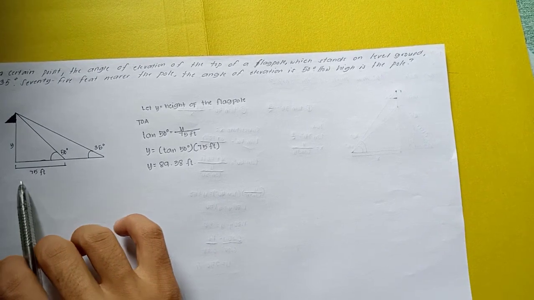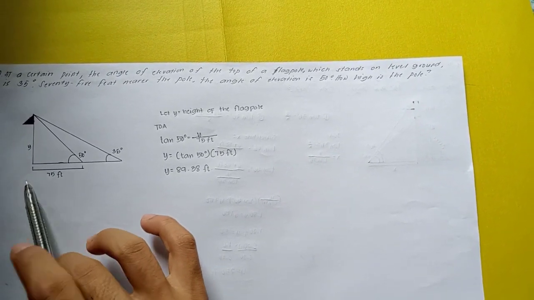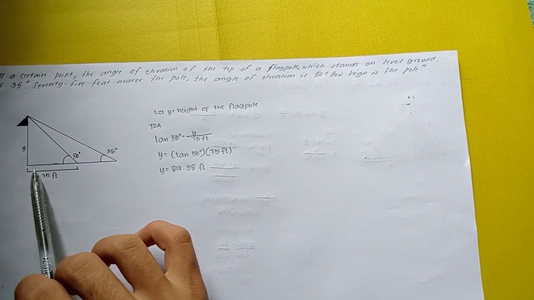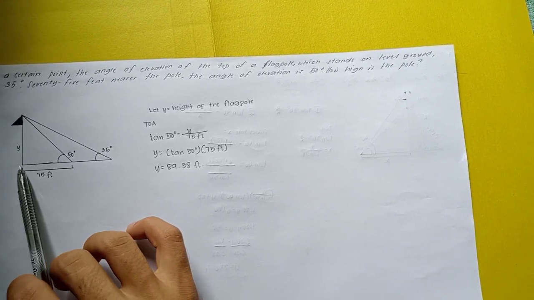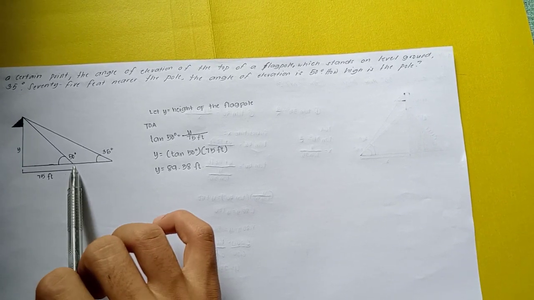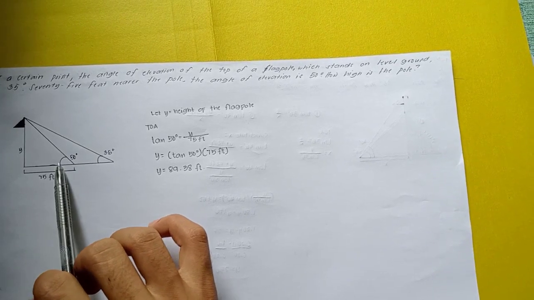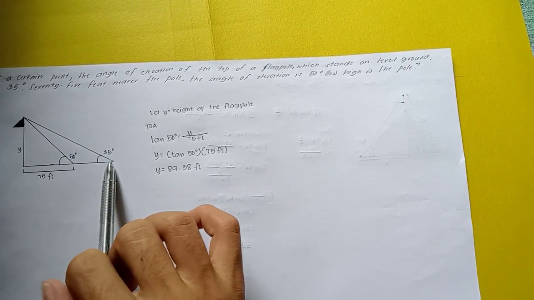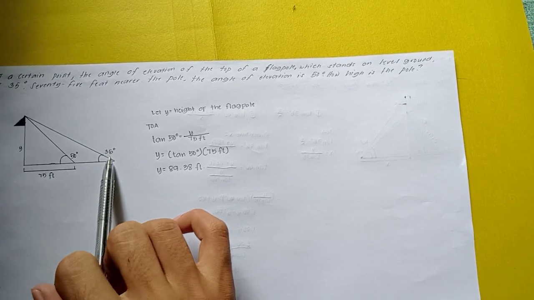So we will first illustrate our problem. We have here 75 feet as the distance between the two points of observation, and the other angle of elevation is 50 degrees.